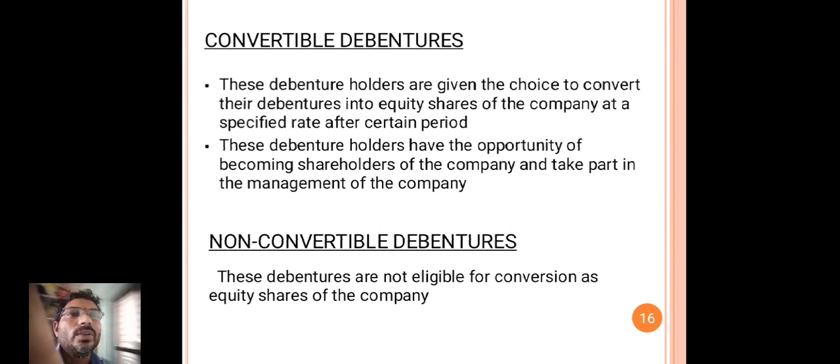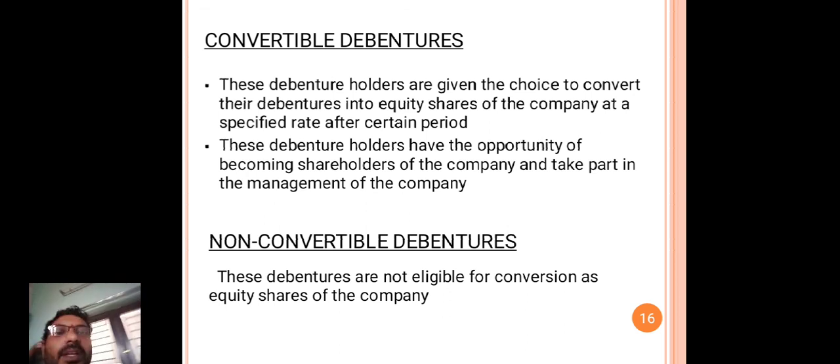These debenture holders have the opportunity of becoming shareholders of the company and take part in the management of the company.